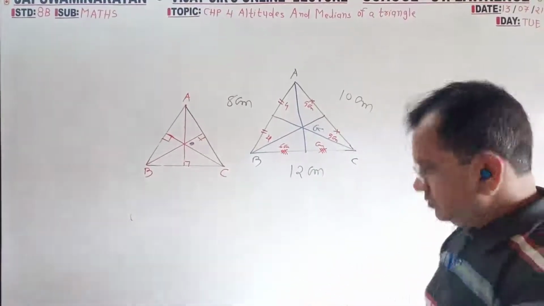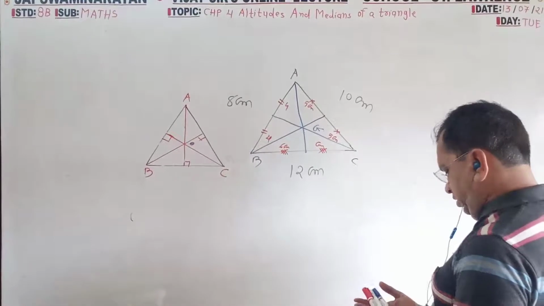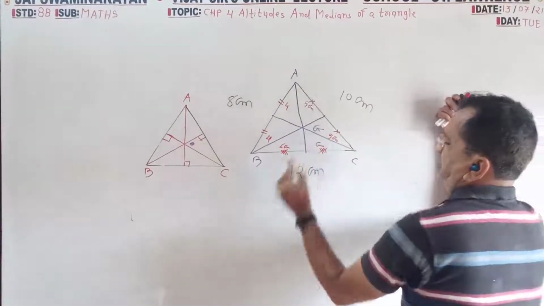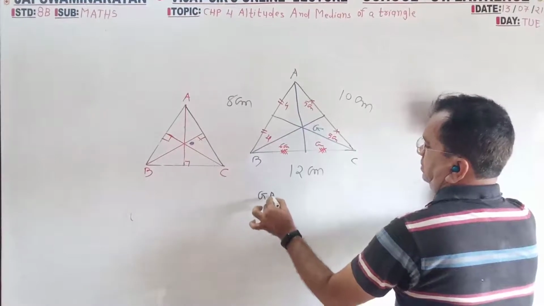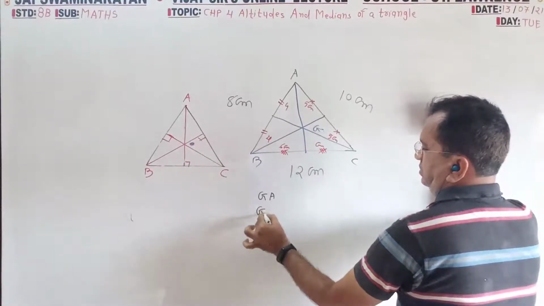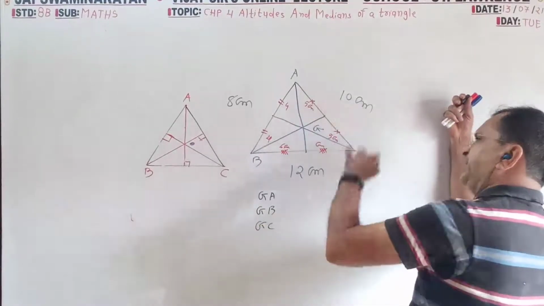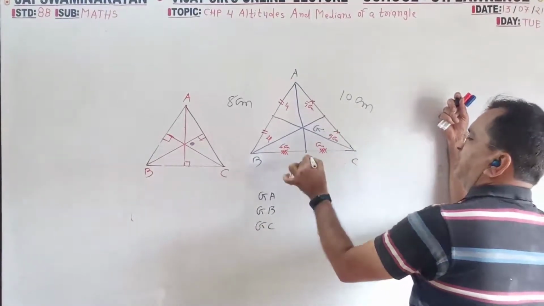Now you have to measure the longer parts, GA, GB, GC. Then you have to measure the smaller parts.